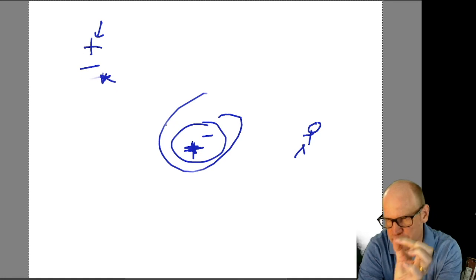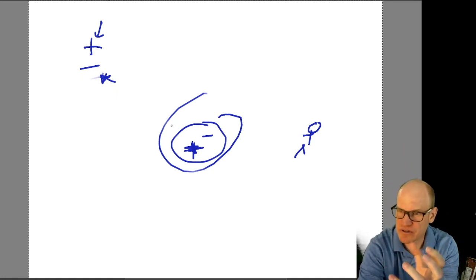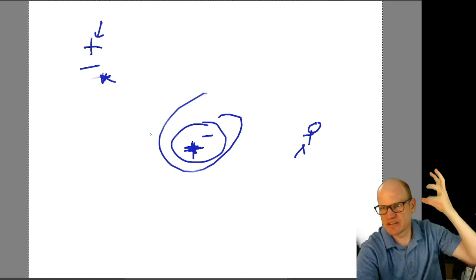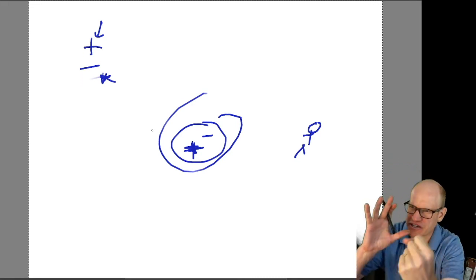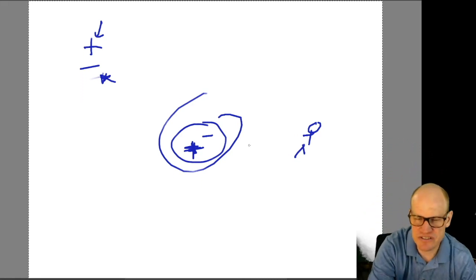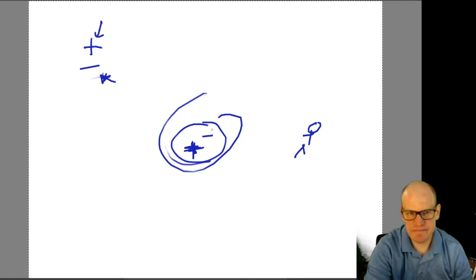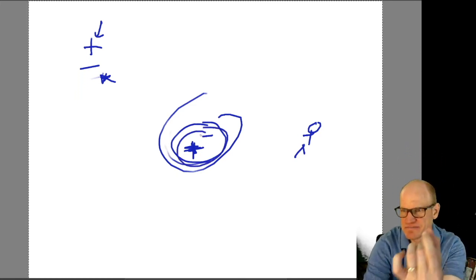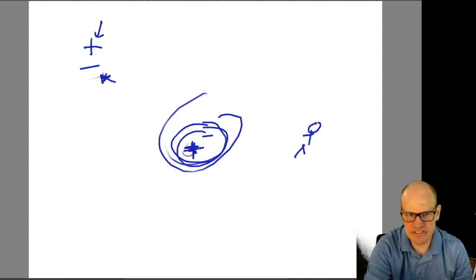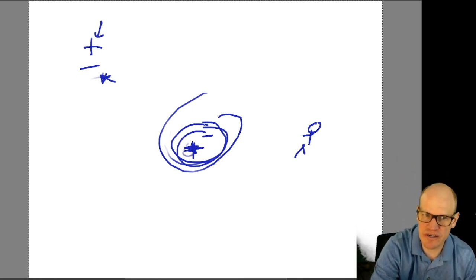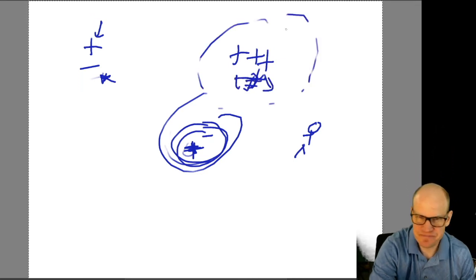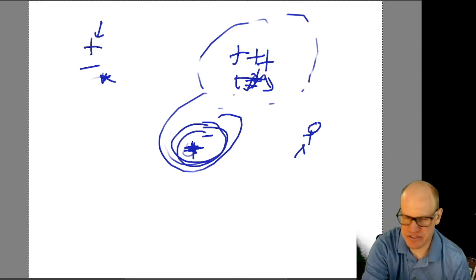But from a long way away, it looks like a neutral object. The negative charges balance out the positive charges, so you don't build up a whole bunch of positive charges without eventually getting negative charges around them, which cancel out those positive charges.